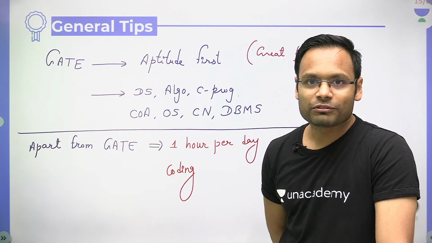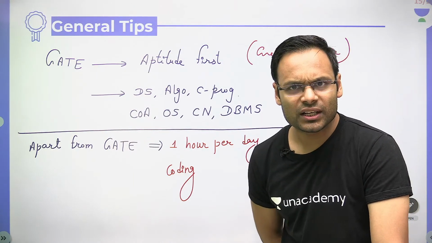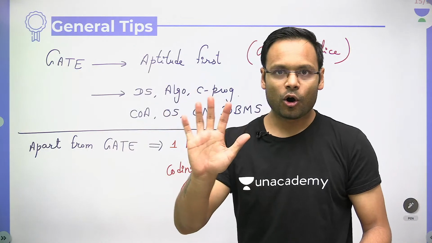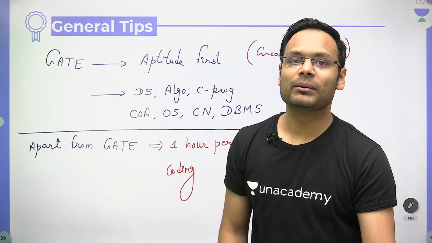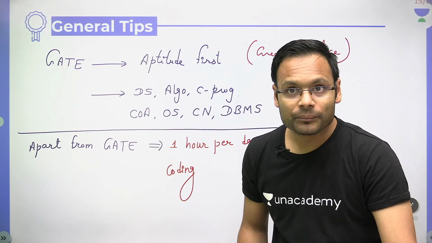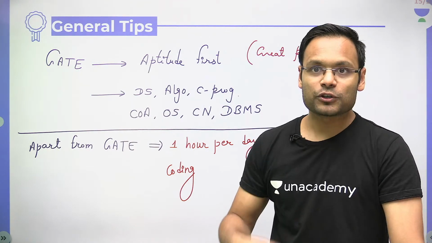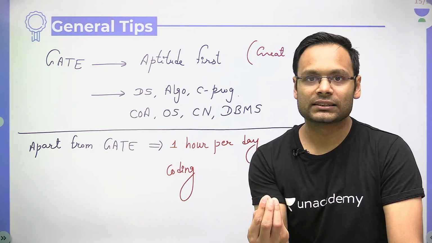So you can think about whether you want to be an engineer just for the degree, or an employable person with a higher-paying job. First of all, you need to possess the skills.